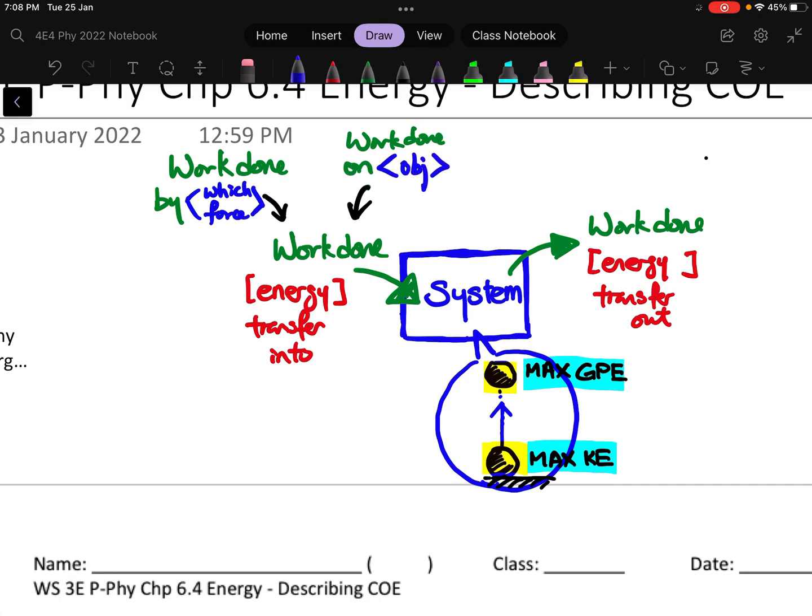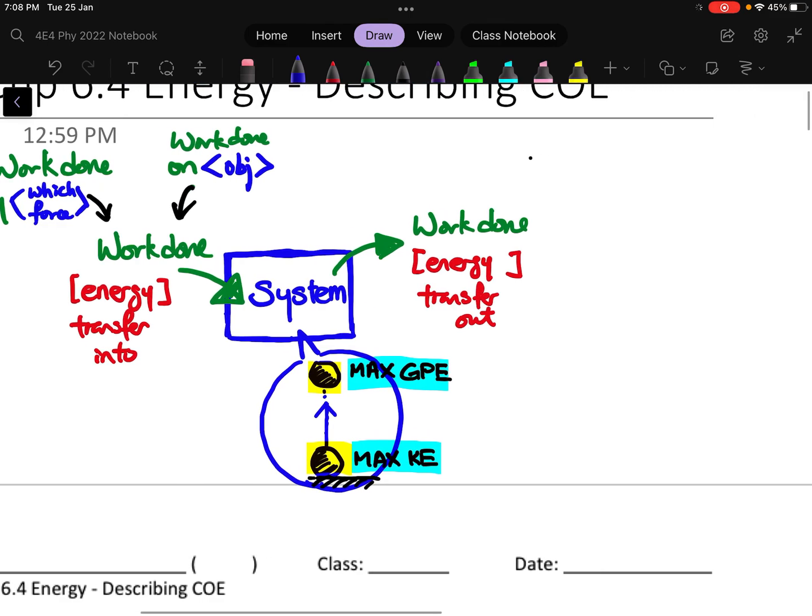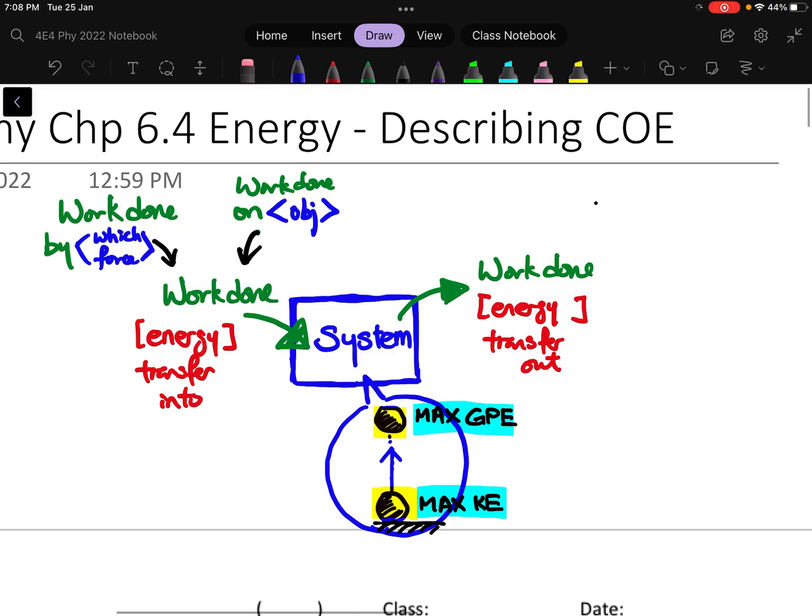For example, in this case, it is the ball that I'm launching into the air. As for work done in terms of energy transfer out, the right way of describing this would be work done against a particular force. This force can be friction, air resistance, or many things, as long as it is a force.